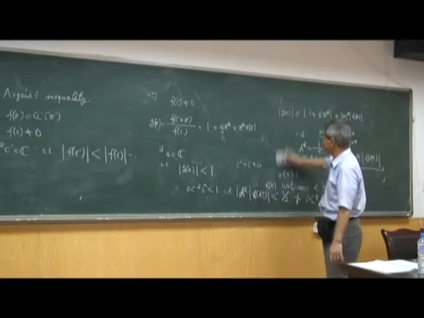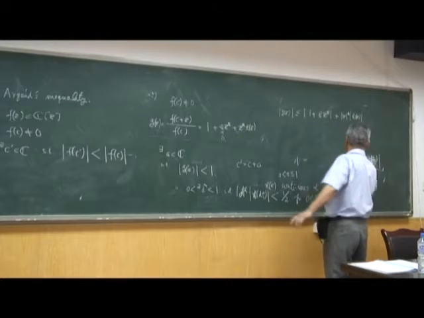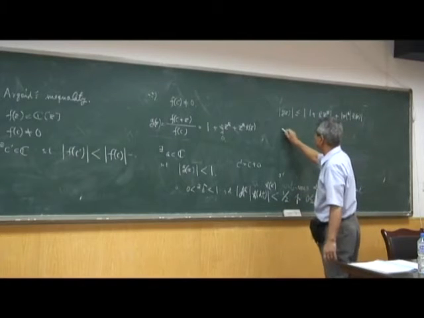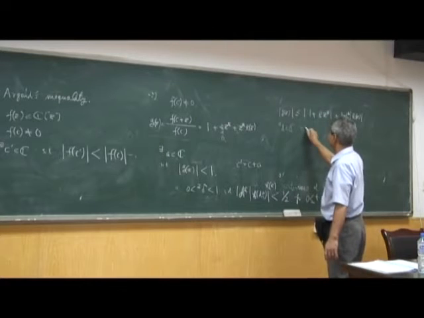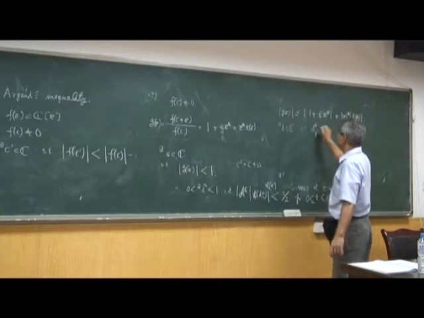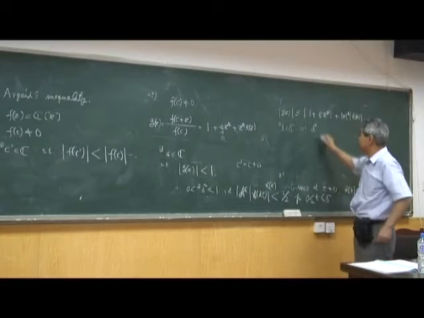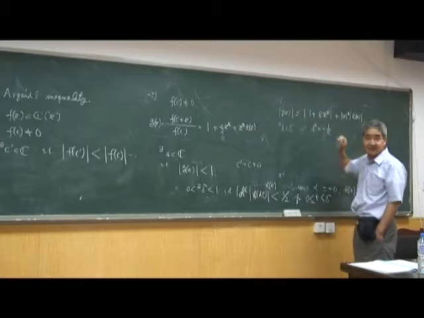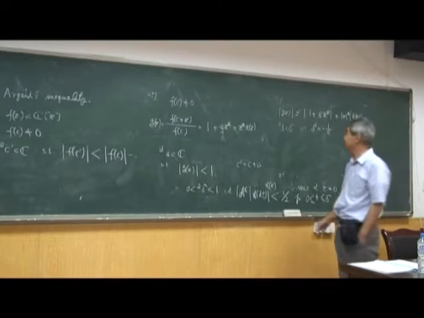So maybe I write again. What you can do is first choose d and c such that d to the k is minus 1 over b. There is such a complex number.